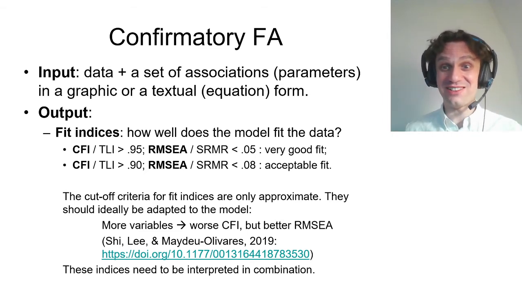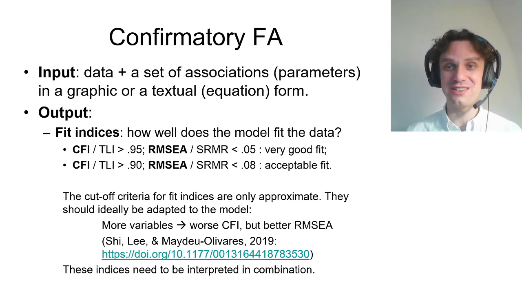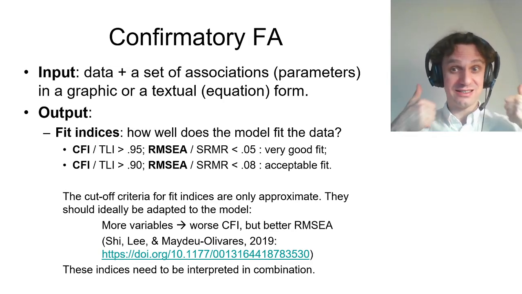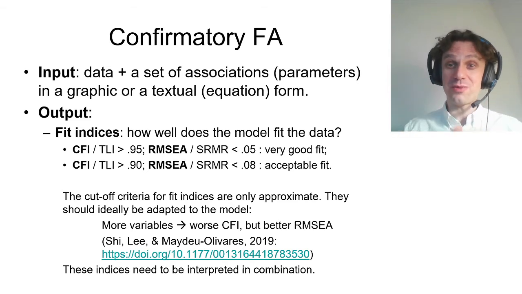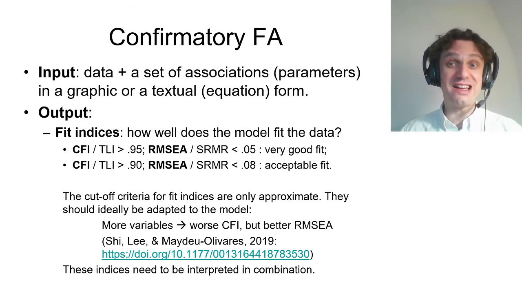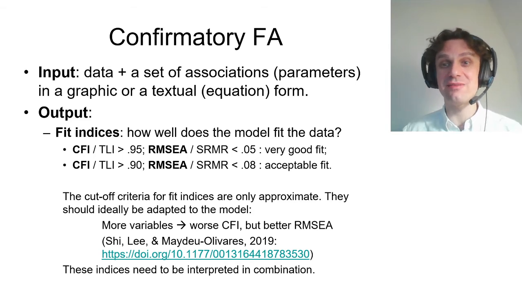If your model has a CFI of 0.95 or above, you can rejoice. It's a really, really good model. But if it's above 0.90, it's acceptable. If it's below 0.90, maybe it's a little bit problematic. So CFI, the higher, the better.